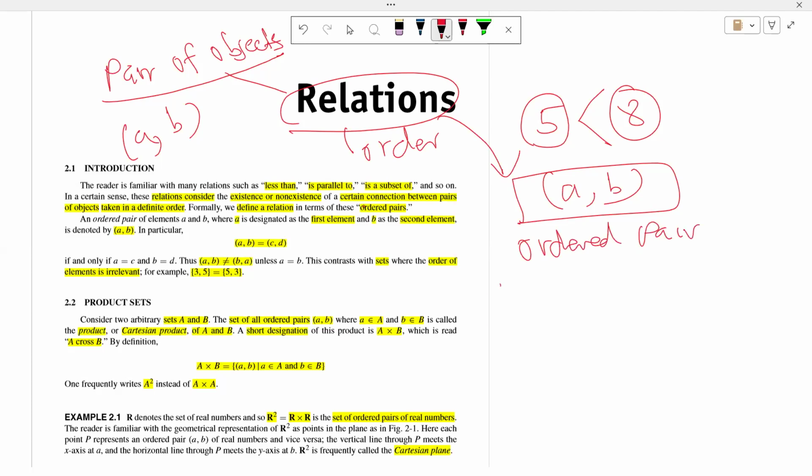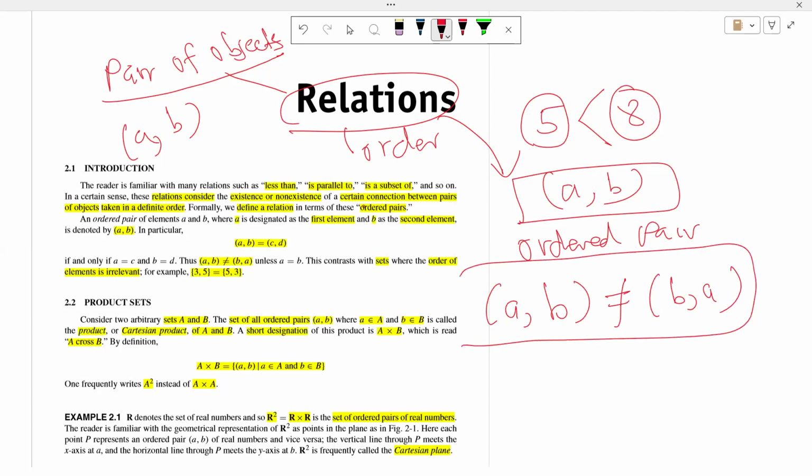It means if you have a pair A comma B and a pair B comma A, they are not equal. That is important. A comma B is one pair, and B comma A is another, different pair.